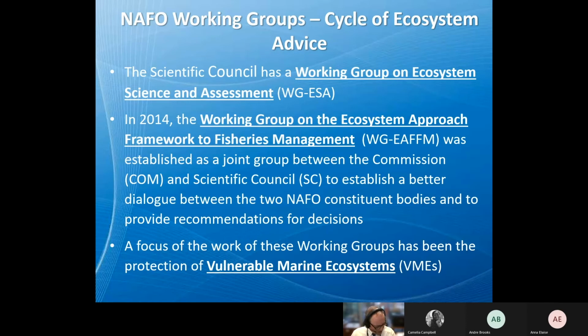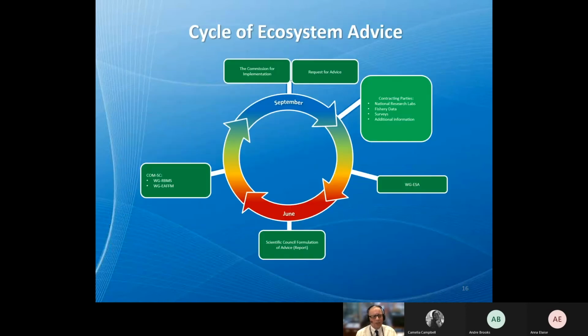The recommendations of this working group go through the Scientific Council and then go through a working group on the ecosystem approach framework to fisheries management, which is a joint group between fisheries managers and scientists. And much of the work has been focusing so far on the protection of VMEs.